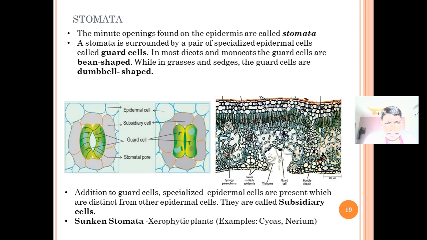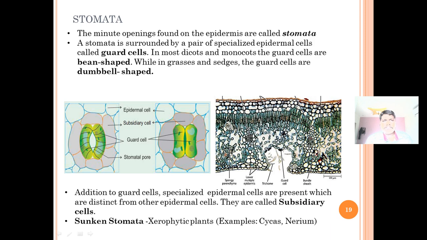Next, stomata, epidermal appendages. One of the very important ones is stomata, minute pores which have 2 guard cells. Based on the guard cells, monocots and dicots have different types. In a monocot, it is dumbbell shaped.